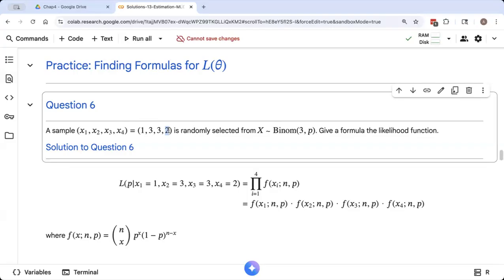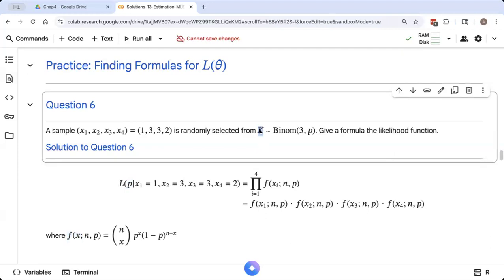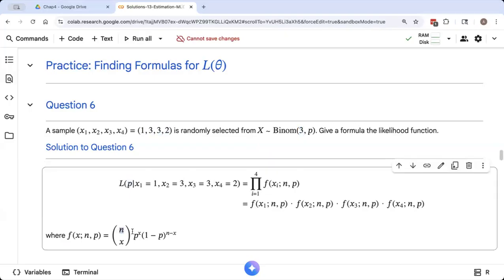The first step is to find the likelihood function, and this likelihood function is going to be a function of the population proportion p, which we don't know. But we do know our population is binomial. Each of these values in our sample is coming from a binomial distribution where the number of trials is 3 for each person. So we can plug 3 in for n, and then plug in the different values for x that were observed by the 4 different people in our sample.